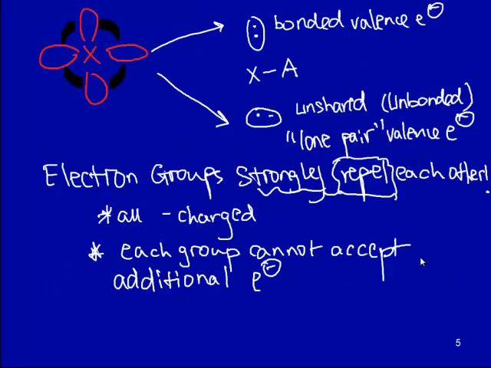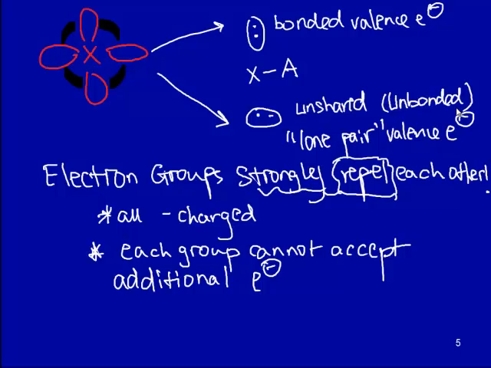Also, the notion of those electron groups is that they are all negatively charged, and they are full with electrons, bonded electrons, so they are not going to accept any additional electrons. So the interaction between the bonded valence electrons or the unbonded, unshared electrons, sometimes referred to as lone pairs, on the central atom, they are linked with the central atom.